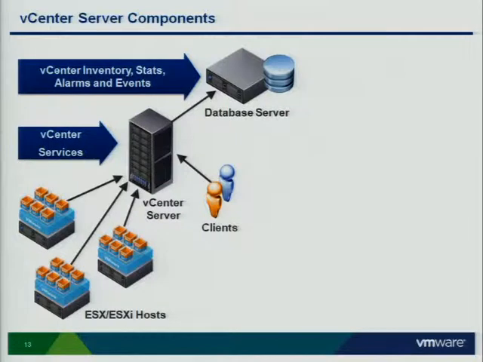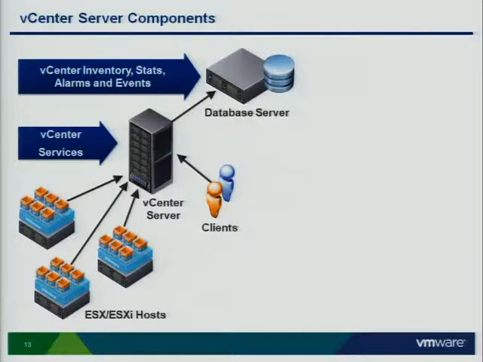And the third one, which is probably the most key category within the data, is your performance statistics, because these make up, I would say, up to 90% of your database. So anything to do with these performance statistics is going to positively or negatively impact the performance of your vCenter server.